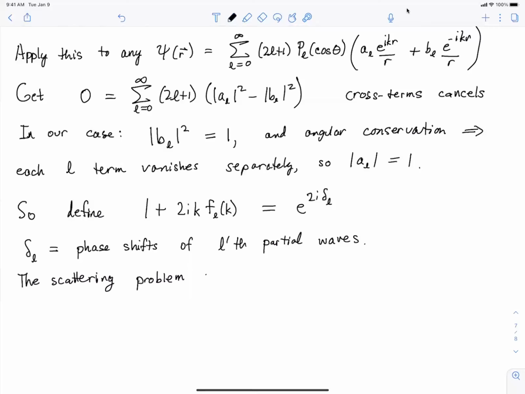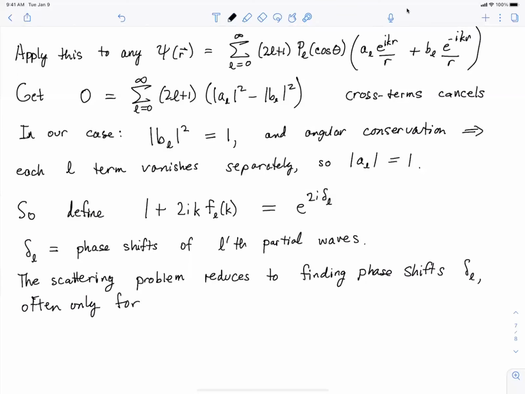So the scattering problem reduces to finding the phase shifts delta L. And often you only have to do that for the lowest few L's. Maybe just L equals 0, but it's more likely that you only need to find the first few. You might need to find L equals 1 because the L equals 0 one happens to vanish.